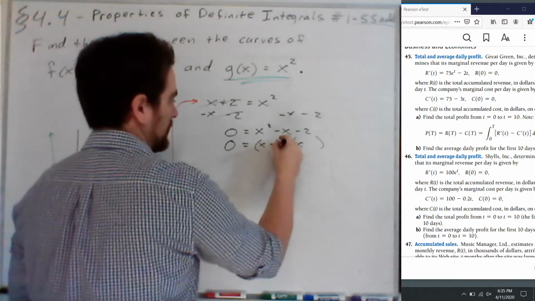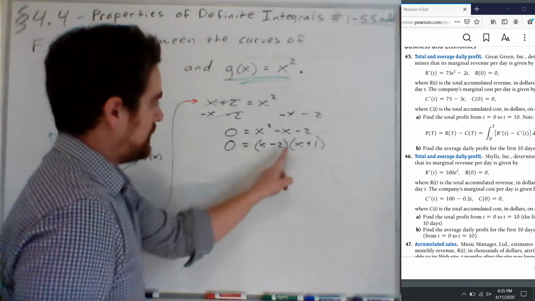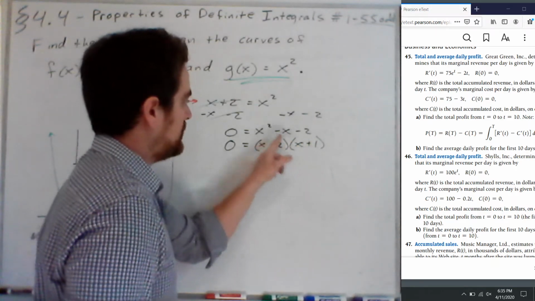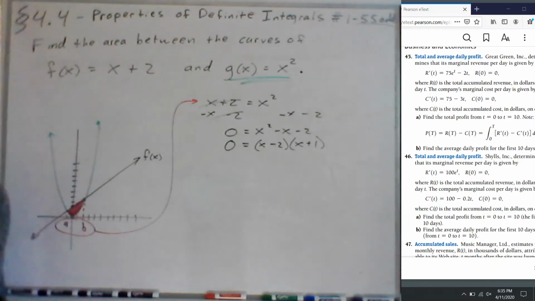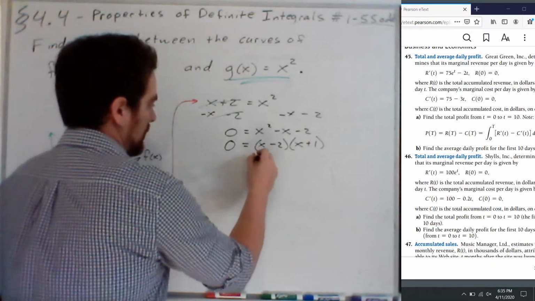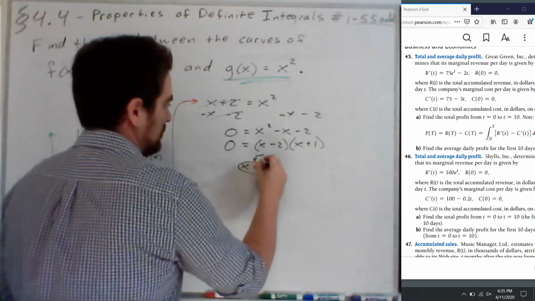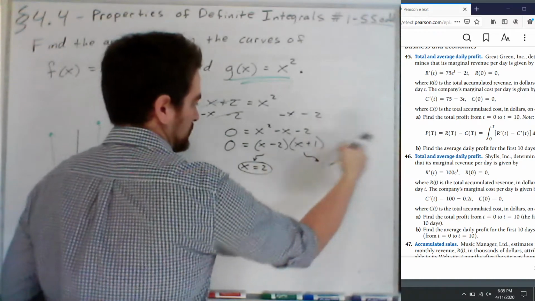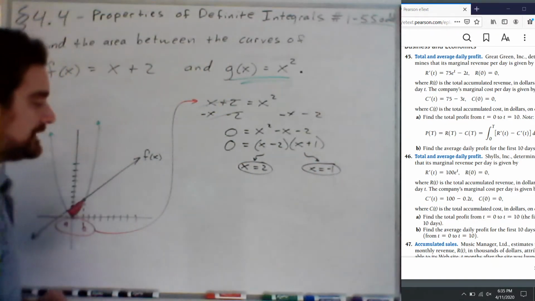That's the fastest way of finding these values. Again, this is x squared plus x minus 2; x minus 2x is negative x, so we're good, minus 2 on the end. So these are the correct factors. Setting each one of these equal to 0, I must have x is equal to positive 2. Setting x plus 1 equal to 0 and subtracting 1, I must have x is negative 1.